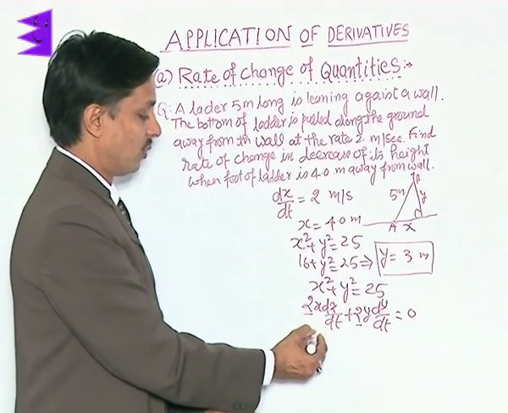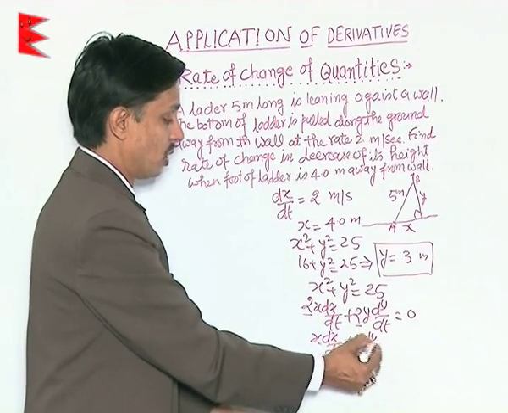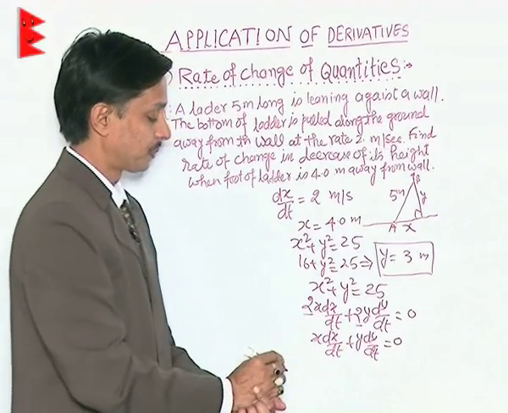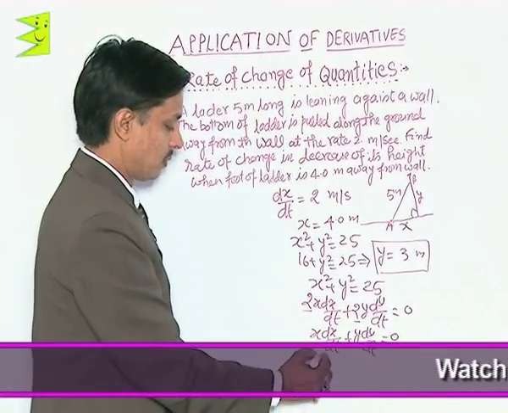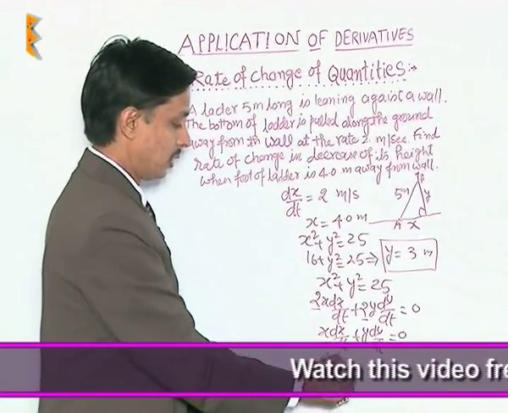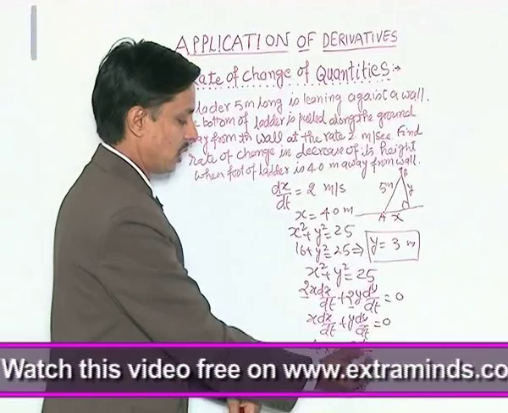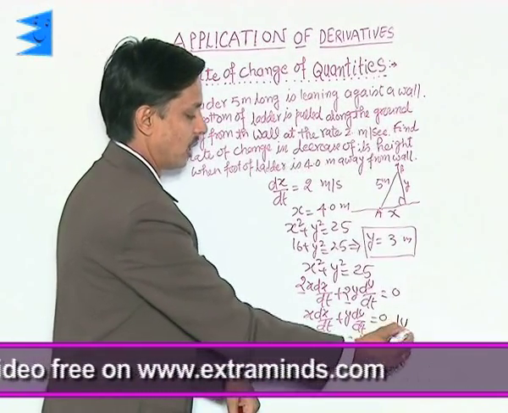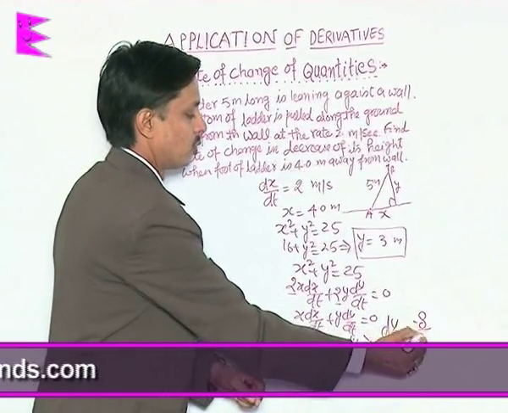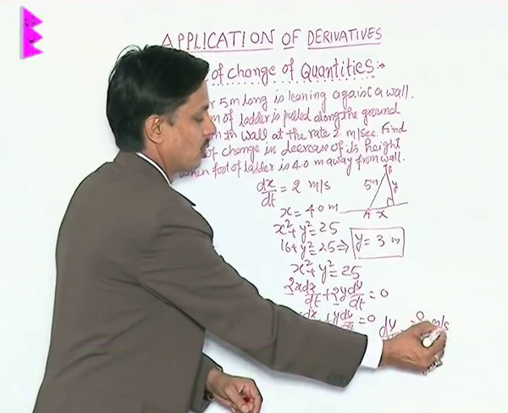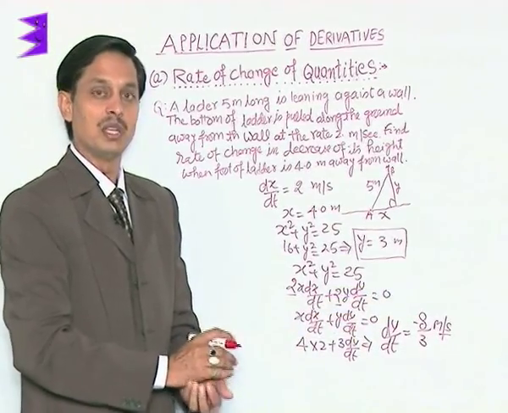This 2 will be taken common, we will get x dx/dt + y dy/dt = 0. The value of x is given as 4, dx/dt is 2, y is 3, and dy/dt is required. So, with this we can say the answer of dy/dt is coming minus 8 by 3. So, the rate of change in the decrease of the height of the wall in these conditions is minus 8 by 3 meter per second.